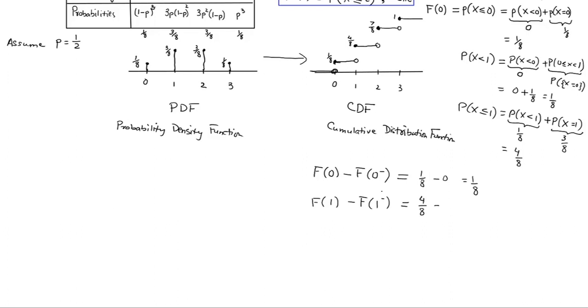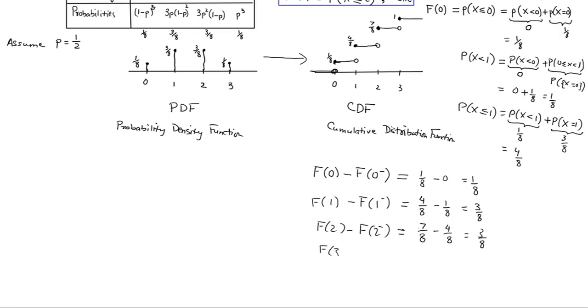And what is the value of F for values less than 1? 1 over 8. Yes, 1 over 8. And so you get 3 over 8. Okay. What is capital F of 2 minus capital F of 2 minus? Seven over 8 minus 4 over 8, which is 3 over 8.